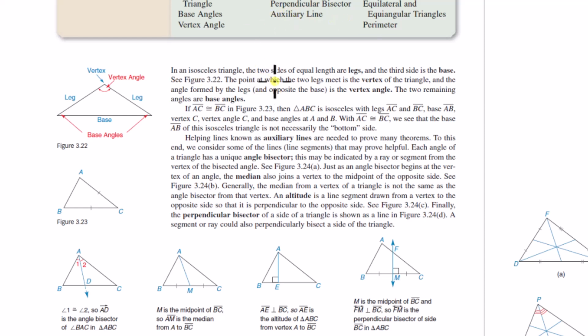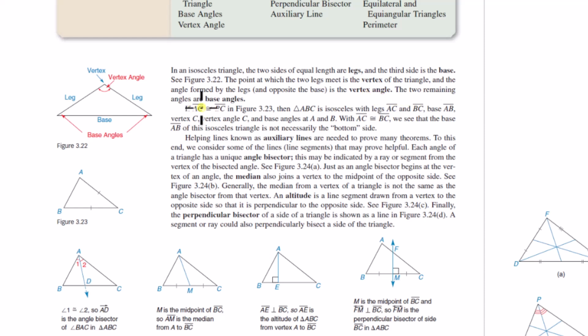So with an isosceles triangle, the two sides of equal length we call legs, and the third side we call the base, as shown here. The point at which the two legs meet we call the vertex of the triangle, and the angle formed by the legs and opposite the base is the vertex angle.